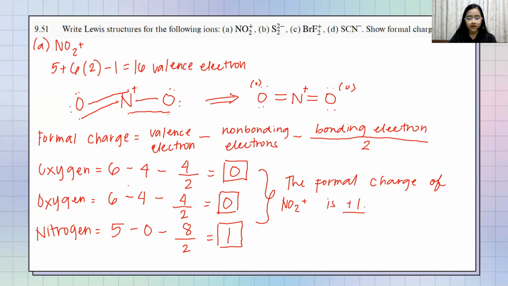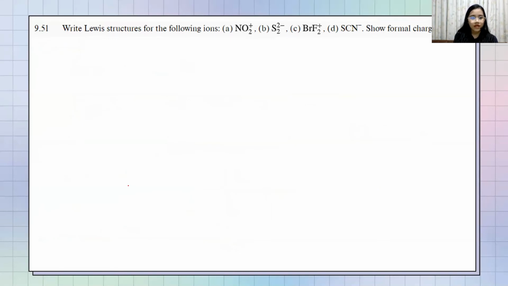So next, for letter B, we have S2 2 minus. So we calculate again the valence electrons.